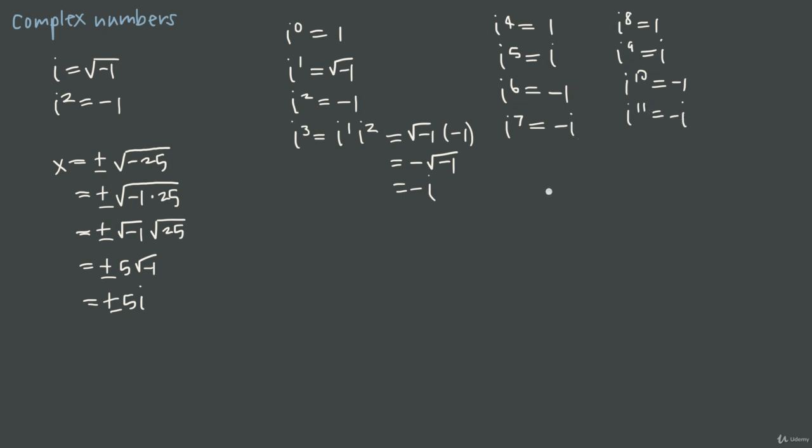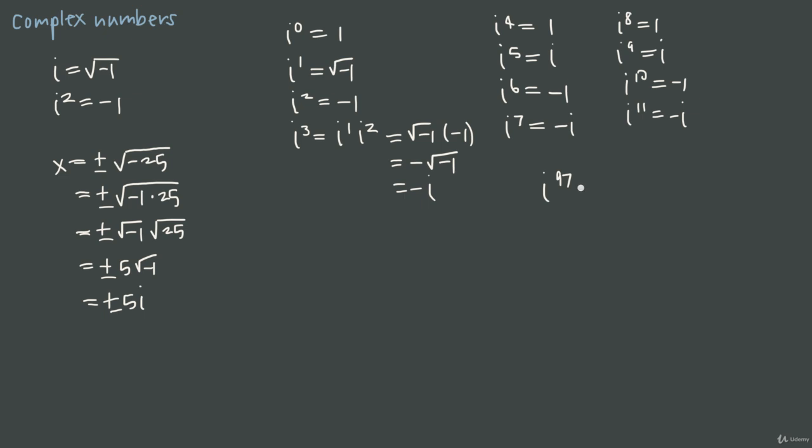So for instance, if we want to simplify, let's say, i to the 97, remember that every i to the 4th is equal to 1. So whenever we have a power like this, we want to just divide it by 4. What we realize is that 97 isn't divisible by 4, but 96 is.